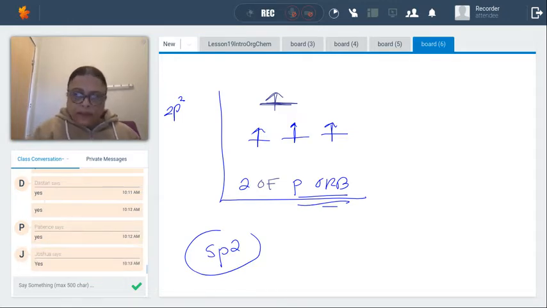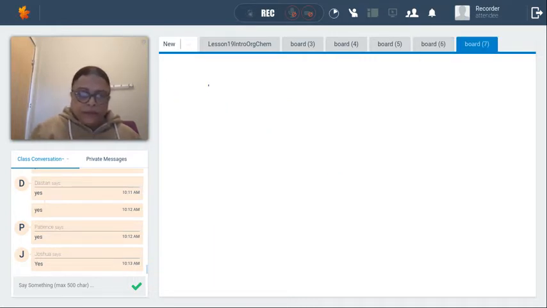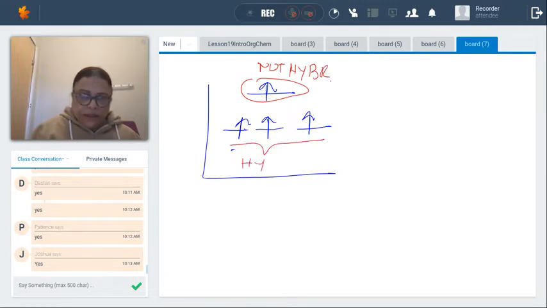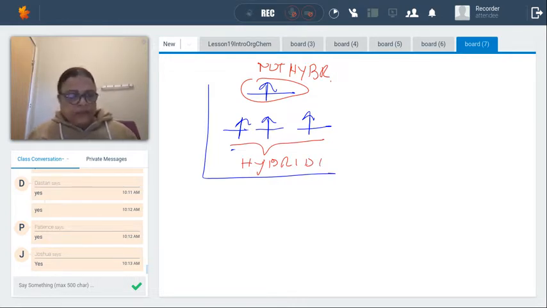Okay. Remember this because now I'm going to draw it again. 2, 3, plop, plop, plop, and this one. This is the untouched, not hybridized, and these are the hybridized. These are part of hybridization.